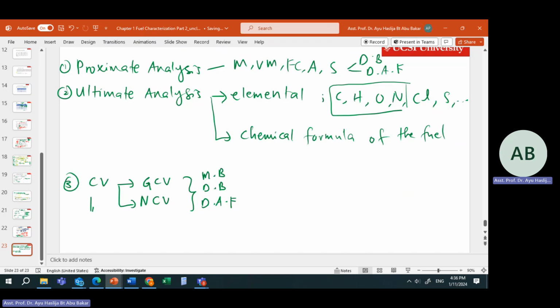This one using Dulong formula. Okay, chapter 1. Basically, later you try to practice the exercise.